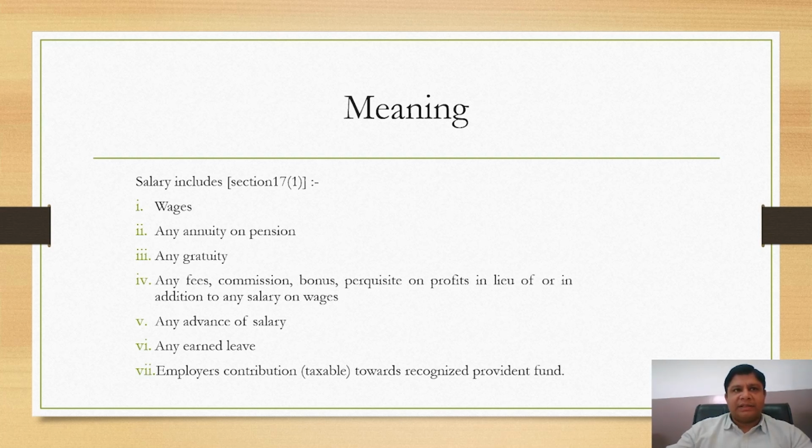A teacher receives emoluments in kind from a school in which he teaches. This amount will be treated as salary. On the other hand, if a teacher receives fees for checking answer sheets, then no employer-employee relationship exists between payer and payee. Such receipt shall be taxable under the head income from other sources.